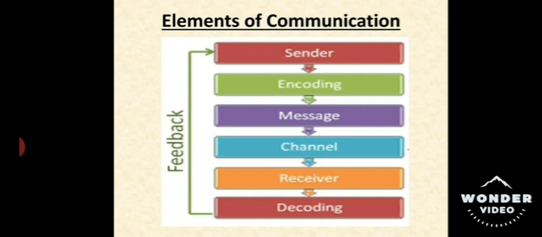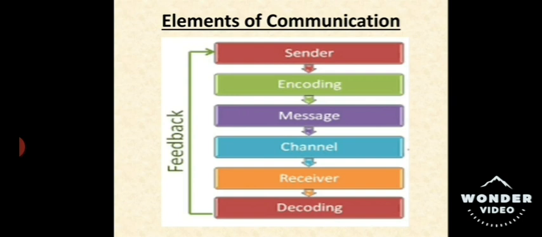Next, he should decode the message so that it can be properly and correctly understood by him. Decoding means understanding in his own words. For example, if the message contains some abbreviations or technical terms, then the receiver should properly understand those abbreviations and technical terms used by the sender.